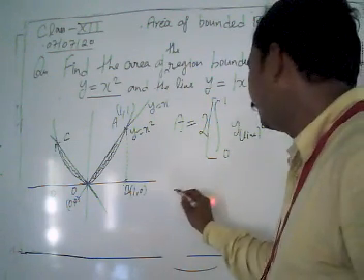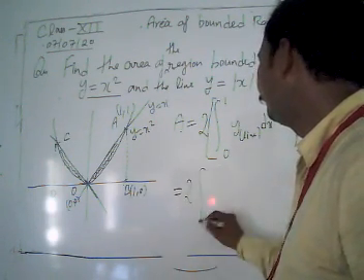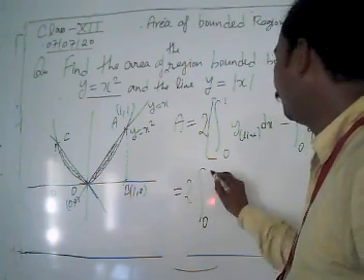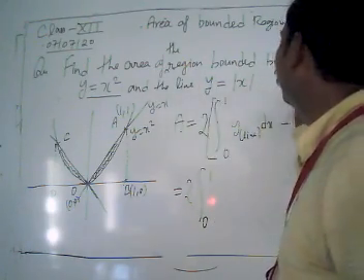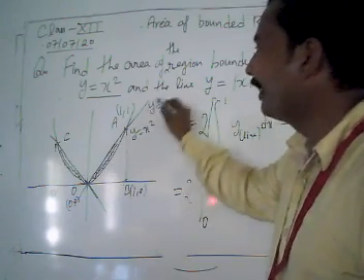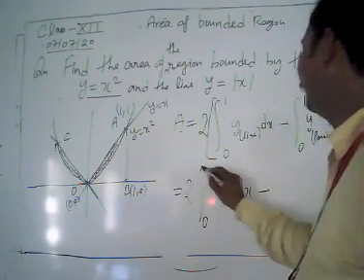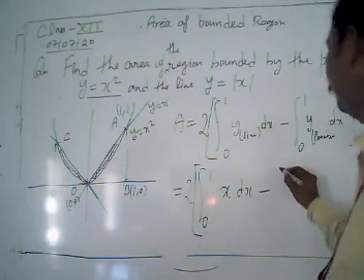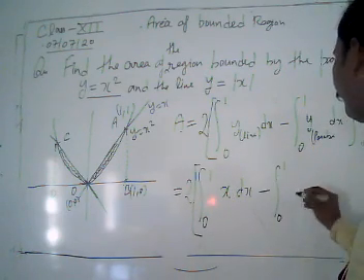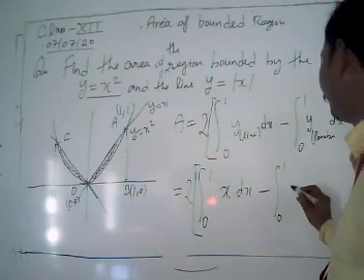Now it's 2 times the integration over 0 to 1. For the line, y is equal to x, so x dx, minus the integral from 0 to 1 where y is the parabola, x square dx.